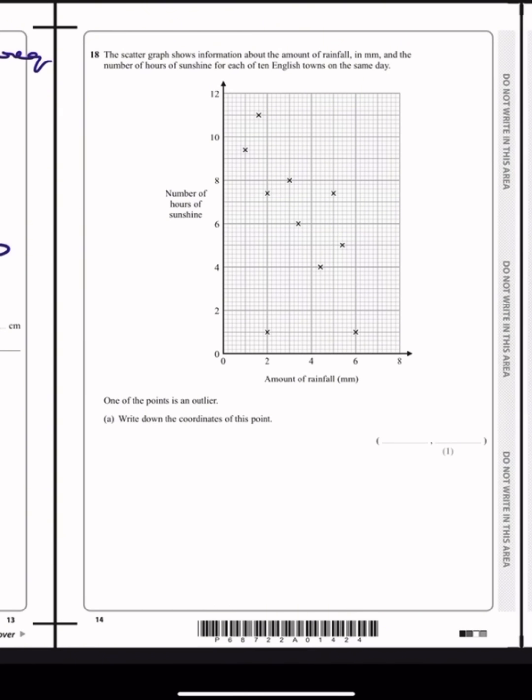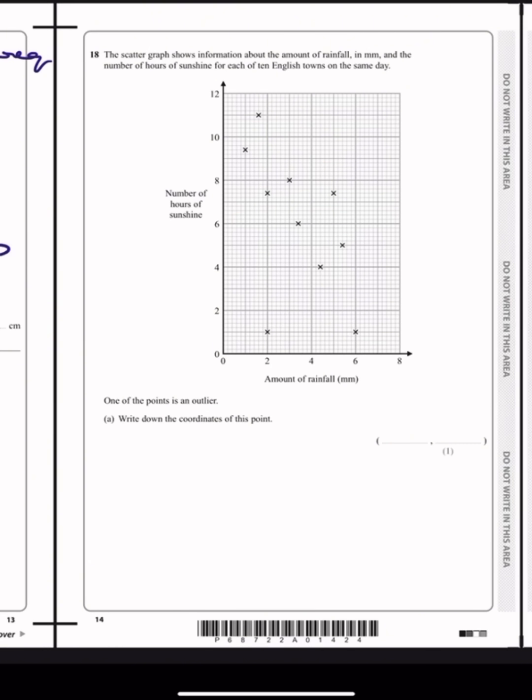It says the scatter graph shows information about the amount of rainfall in millimeters and the number of hours of sunshine for each of 10 English towns on the same day. On the y-axis we have the number of hours of sunshine from 0 to 12, and on the x-axis the amount of rainfall from 0 to 8. They say one of the points is an outlier. Write down the coordinates of that point.